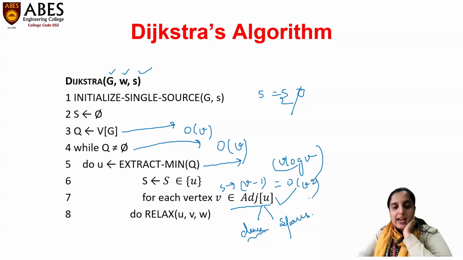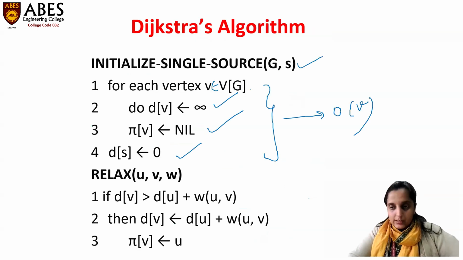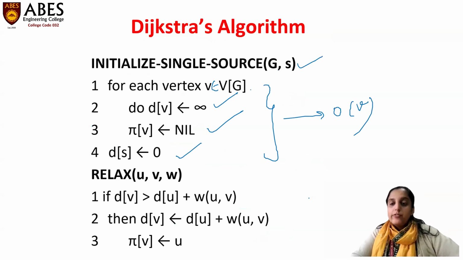After that, we are calling the relax function. What is this relax? Whenever we find any adjacent vertex, we check whether the key value of the source vertex plus W of UV, meaning the edge weight, is less than the key value of the destination vertex or not.